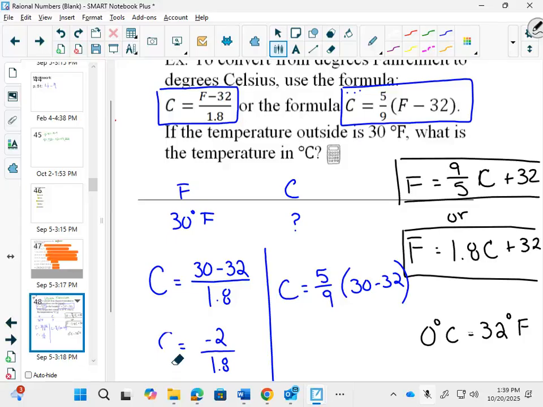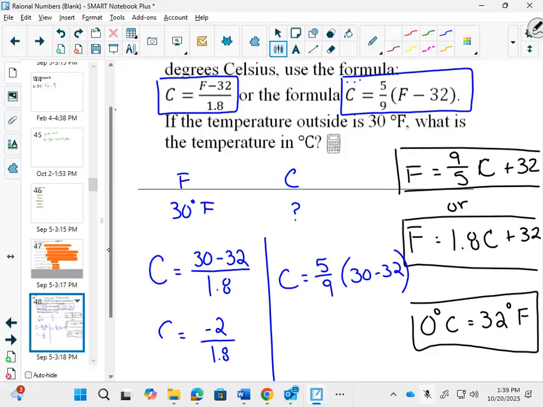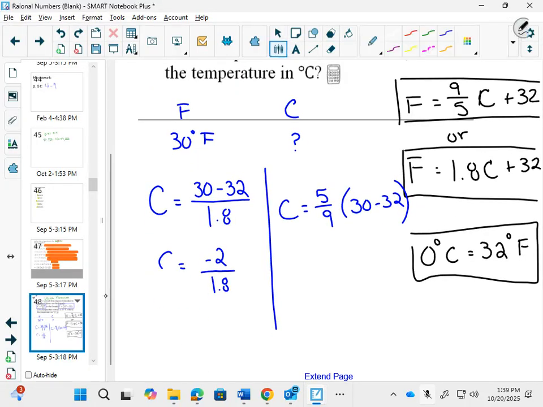That's one you can do for mental math. So this is an important one as sort of a benchmark. So when we see the 30 degrees Fahrenheit, that's less than the 32. It kind of makes sense that we got a negative 1.1 repeated degrees Celsius. So let's check out the 80.